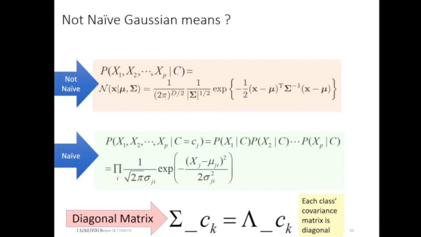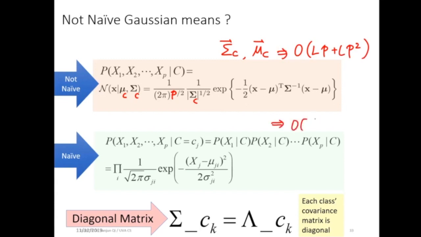In fact, we just use the Gaussian distribution for each class by considering a subscript C, because for each specific C we need to estimate sigma for a specific C and mu for a specific C. And we actually talked about it: the number of parameters we need to estimate is L times p plus L times p quadratic, versus the naive case, which is 2pL.